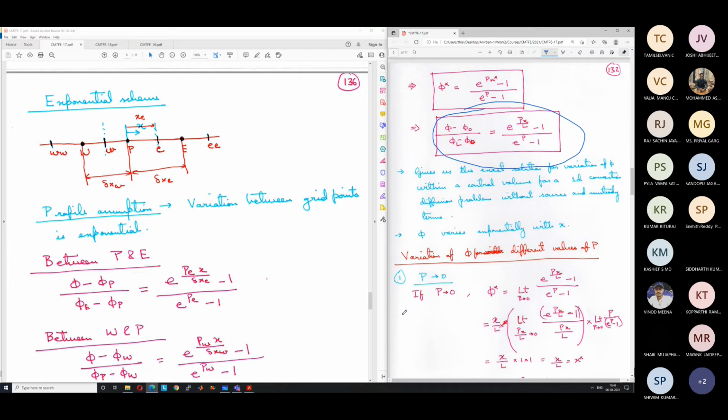Peclet numbers are known quantities at the interfaces. They can be found based on the velocity and the diffusion strength.